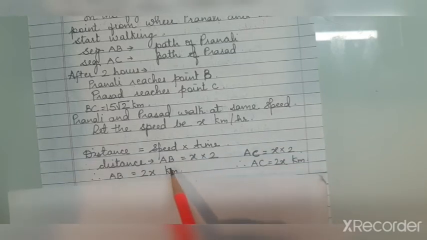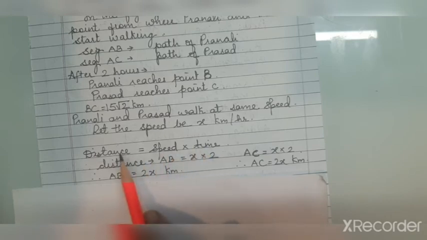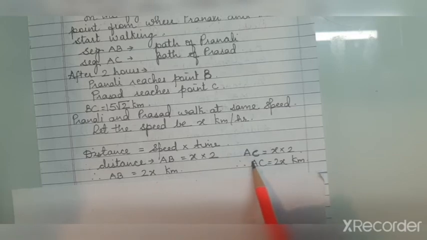Now distance AB, which is of Pranali, will be x into 2. X is the speed, 2 is time, so x into 2 is 2x. So the distance for Pranali is 2x. The distance for Prasad also will be the same, because speed is the same and time is also the same for both.